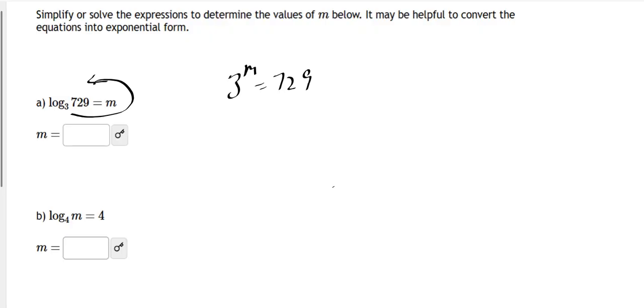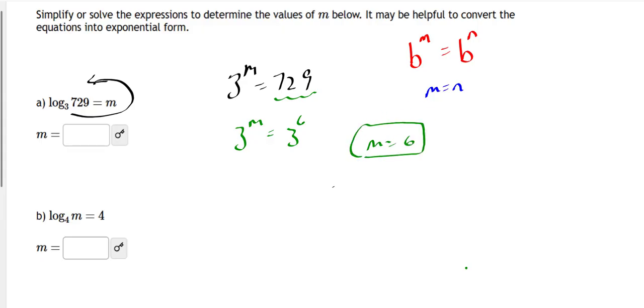Now, there's a property that says if I can get my bases to be the same, then I can set their exponents equal to one another. And 729 actually is 3 to the 6th power, so therefore m equals 6. So we're always rewriting. We're bringing things down. We're never bringing them up. It's this, then that.